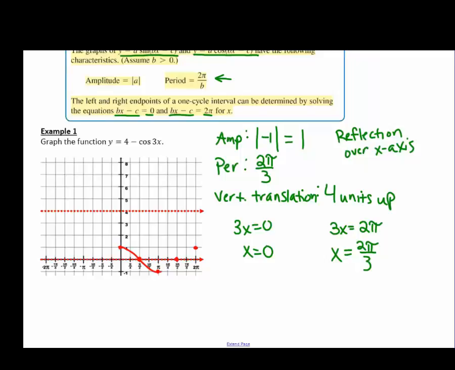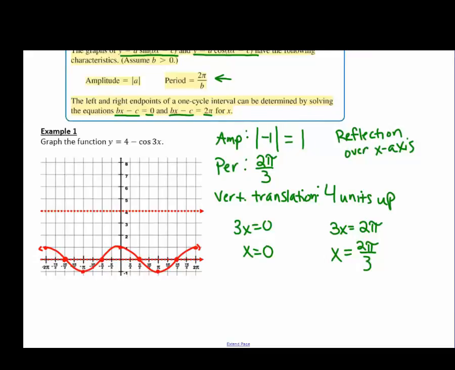So there is one full cycle of your normal cosine graph. And if we want to graph the other side of it, on the left-hand side of the y-axis, we can just reflect all of those points over and get the other side. And keep in mind that that graph is going to continue forever. So that's what our normal cosine graph looks like.